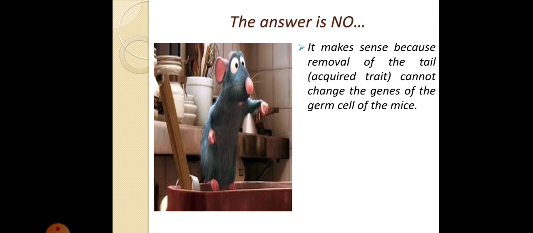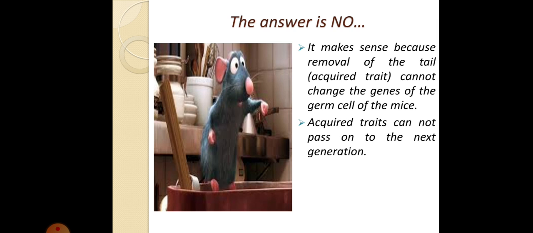So this cutting of the tail has not changed the DNA of the mice, right? Acquired traits cannot pass on to the next generation. Suppose a man is without a hand, it does not mean that his children will also be born without a hand, right? This is what it means to say.